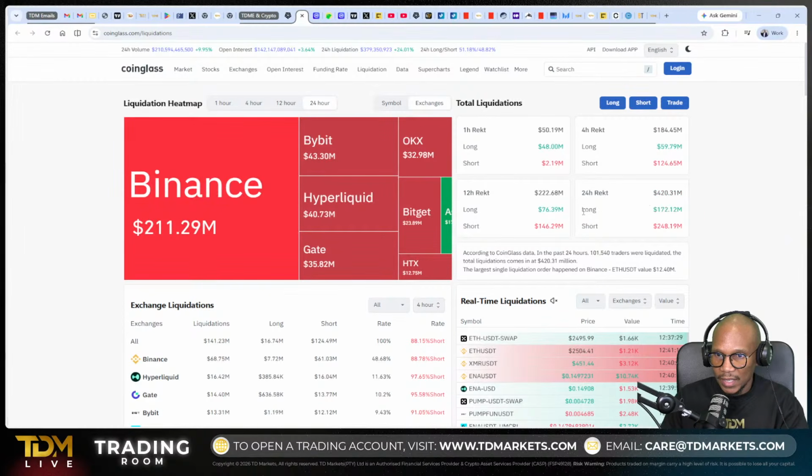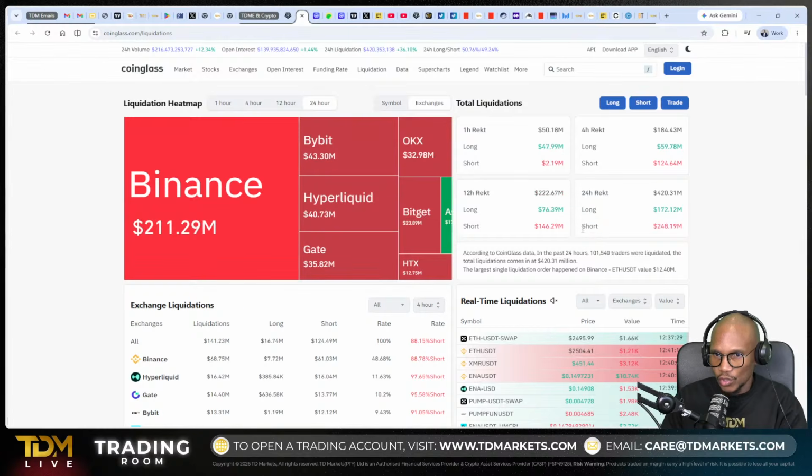This is how much of the long positions were liquidated and the short positions were liquidated.